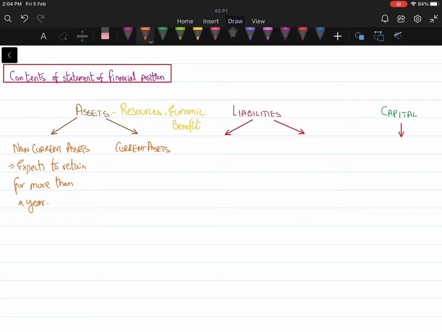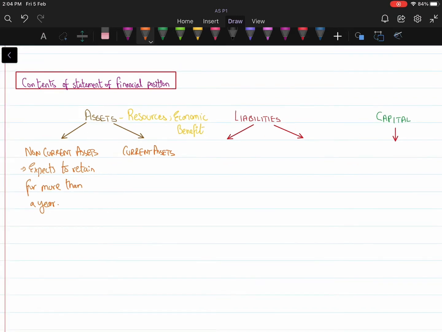All these non-current assets are going to last for more than 1 year and are going to provide you some kind of economic benefit. And when you talk about current assets, those are assets that businesses do not expect to retain for more than 1 year.